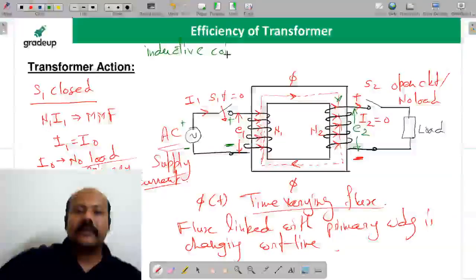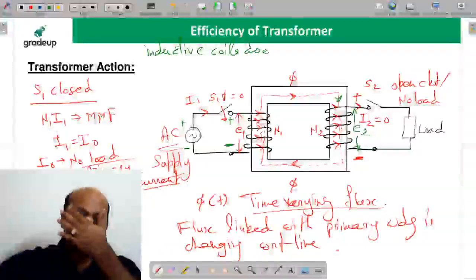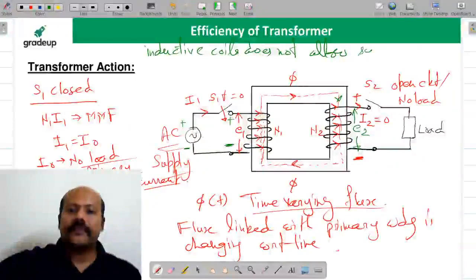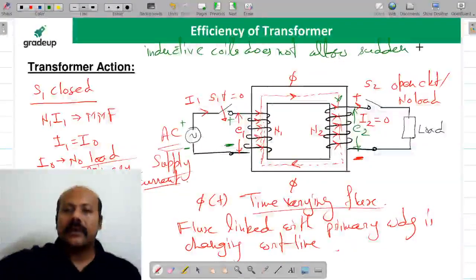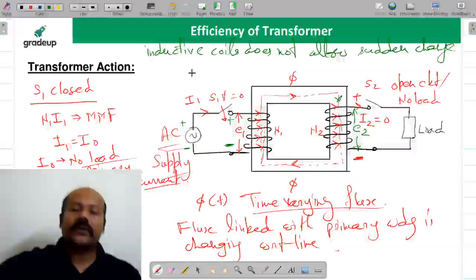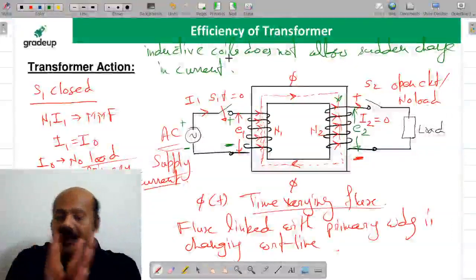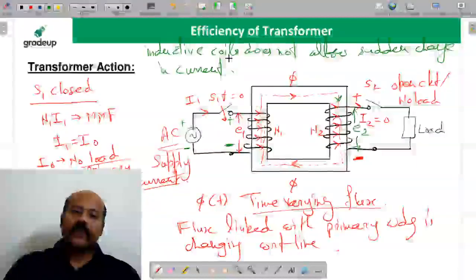Inductive coils do not allow sudden change in current. Yes or no? You must be knowing this. This is a very basic thing in case of your networks.